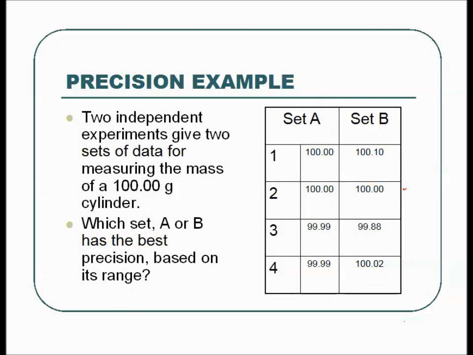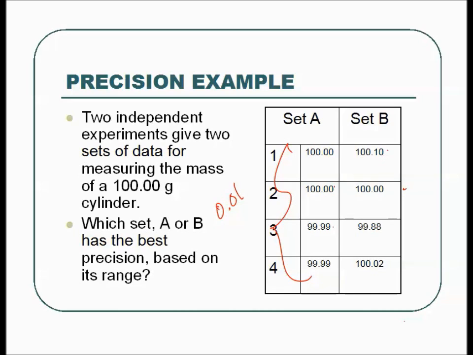Here's a precision example, looking at two sets of data. Again, as I said, the spread of results is another way to look at precision. Set A: 100, 100, 99.99, 99.99. If we look at the spread of results there, it's 0.01.